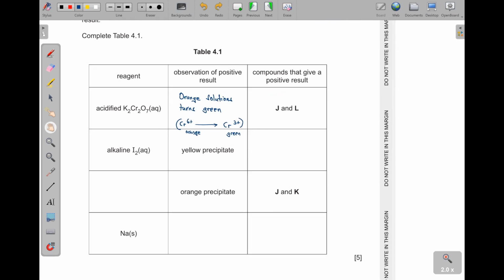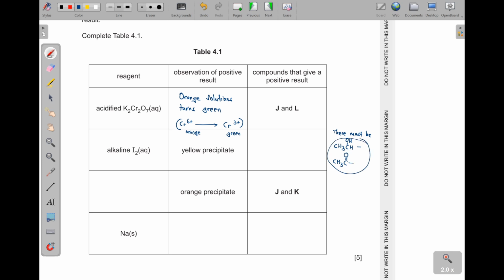Then next we have alkaline iodine. So alkaline iodine, to give a positive result, there must be a CH3CHOH group, or for carbonyls it has to be a CH3CO group.